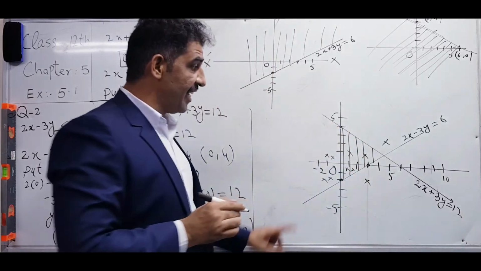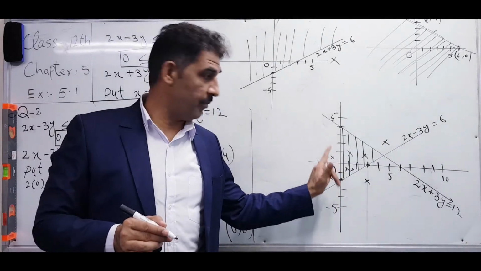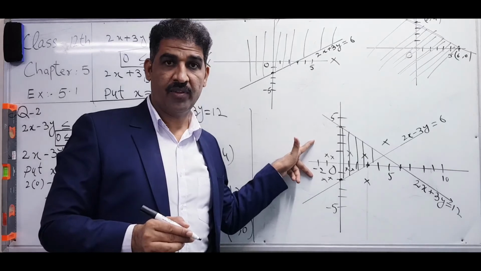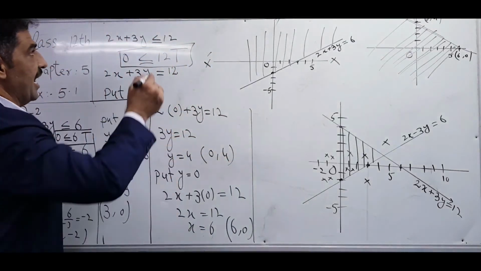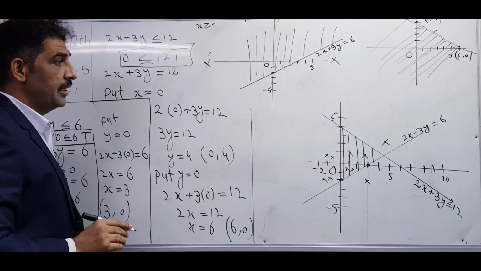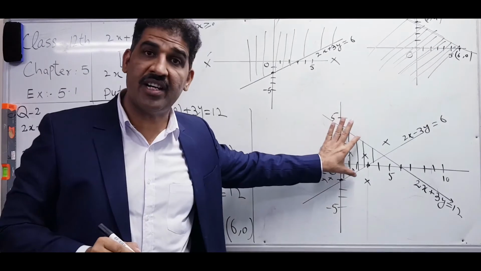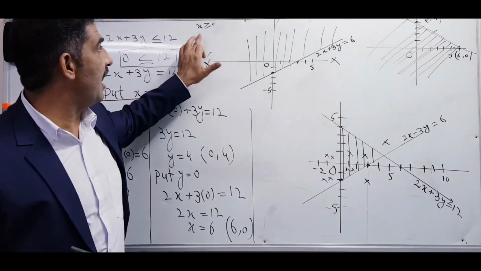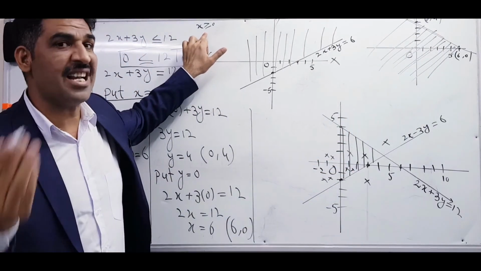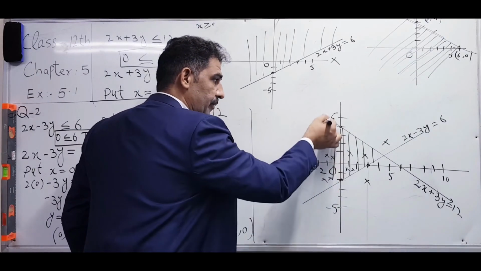If he says only x is positive, then we will stop it here because here x is negative. If he applies a condition like x is greater than or equal to 0, then we will stop it here. Even though this portion is shaded, positive is only this side. But he did not give this condition, but in the next question he will give it. So we have to shade this portion also.